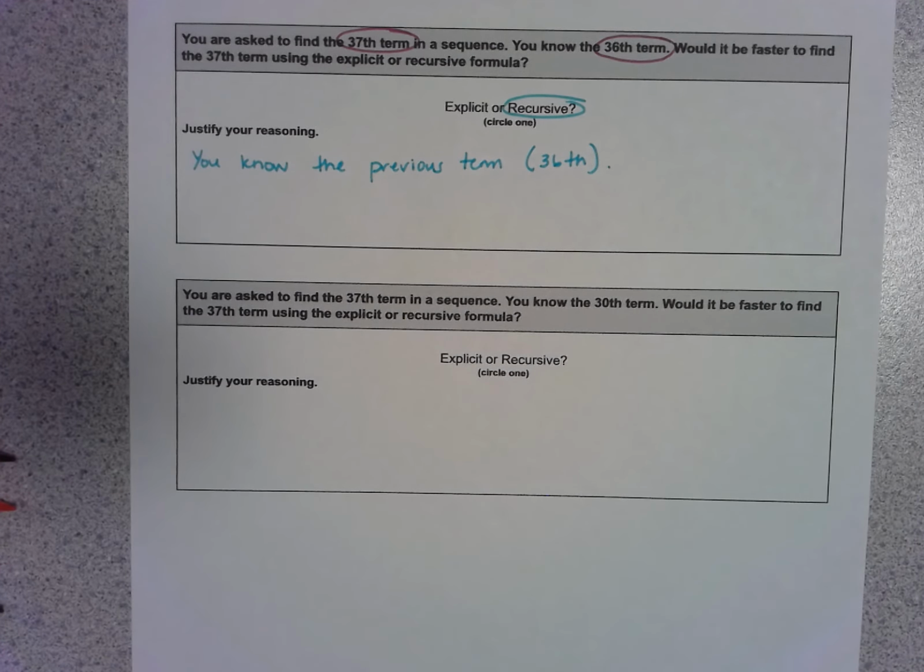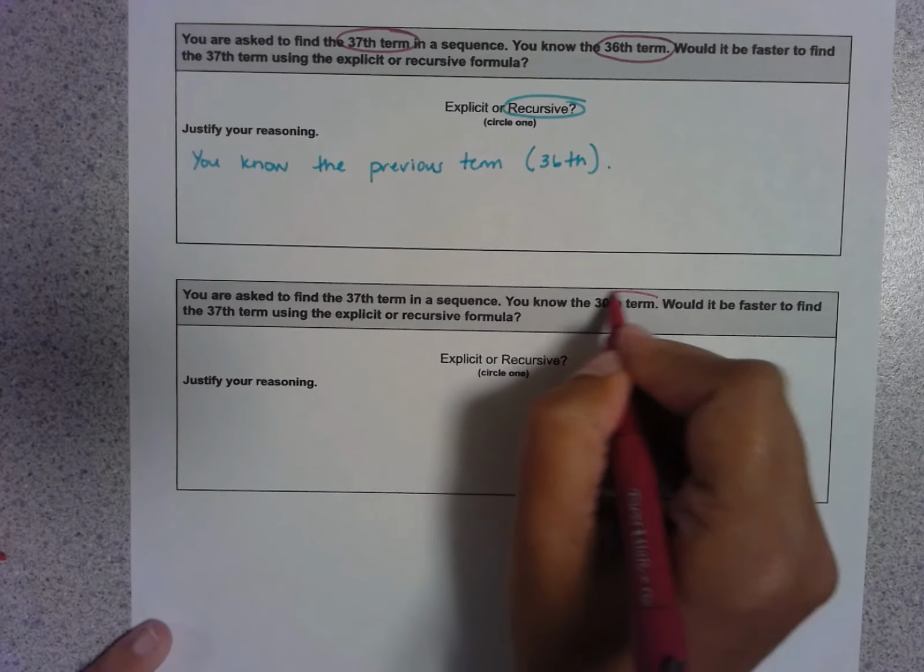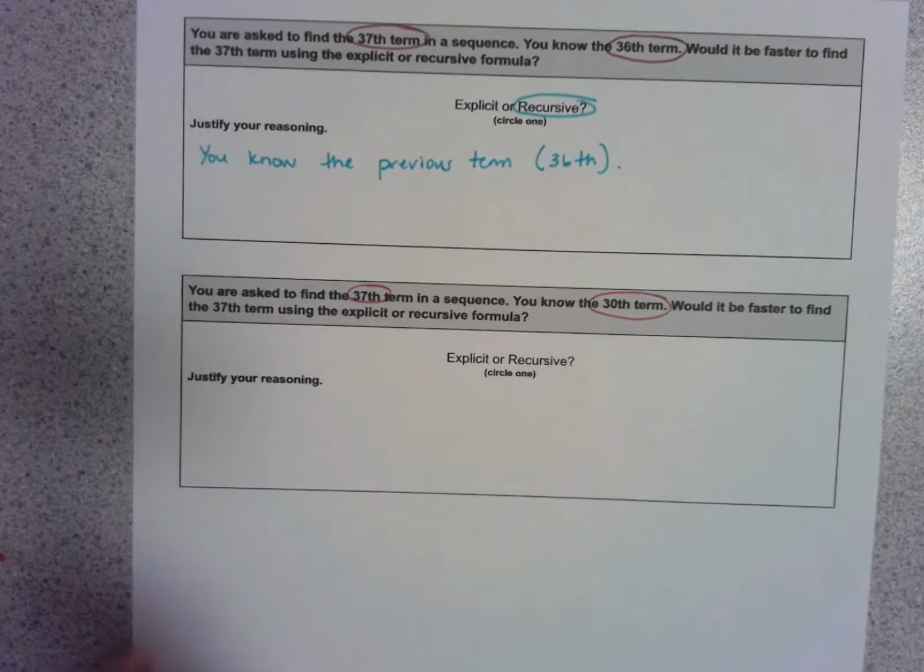If you are asked to find the 37th term and you know term number 30, would it be faster to use explicit or recursive? This is a situation where I think because 30 is relatively close to 37, you could probably make an argument that using the recursive would not take very long.